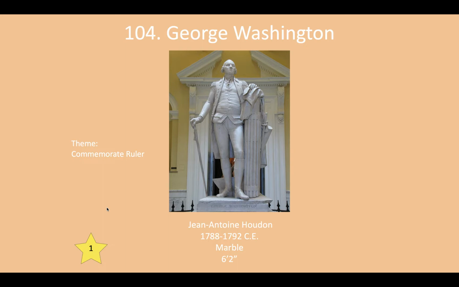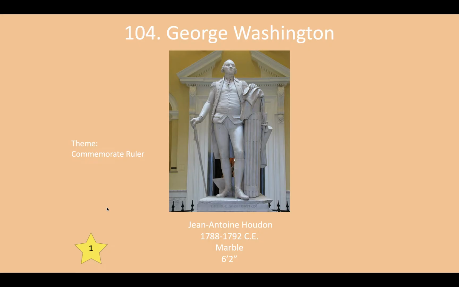So Houdon gets on a boat, sails from France to Virginia, takes measurements of George Washington, makes what's called a life mask of him, which is basically like a plaster cast of your face, and then sails back to France and completes this statue in France.